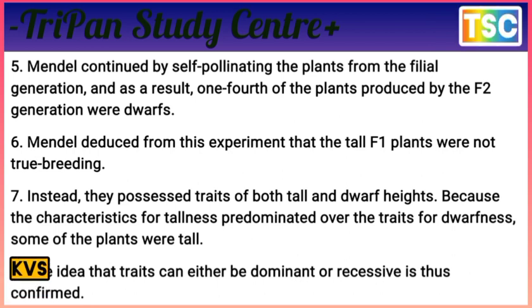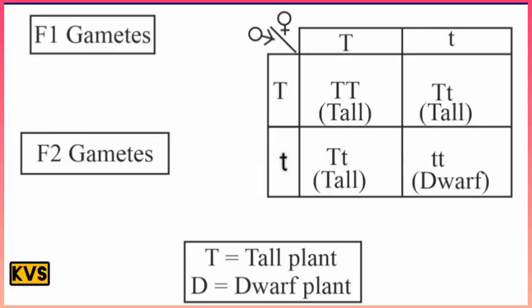Let's see a monohybrid cross diagram. On your screen, there is a most important diagram. The F1 gametes, the first generation, show capital T and small t on one side, and capital T and small t on the other side. The first generation is all tall.